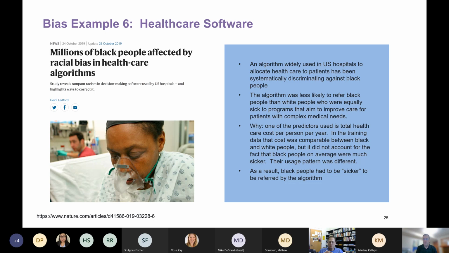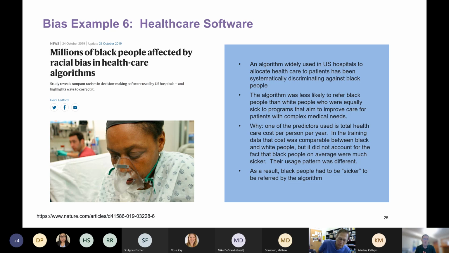But when you dig deeper, it turns out that Black people are actually, on average, sicker than white people. So the way they are allocating money to their healthcare is different. While it ends up being the same amount, they're actually only using it when they are sicker. So that biased the algorithm.